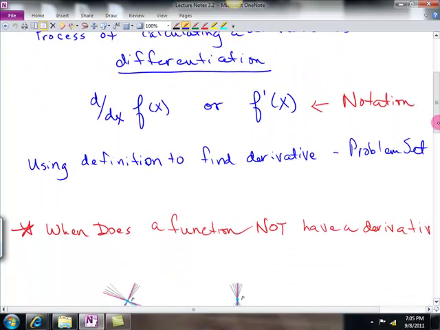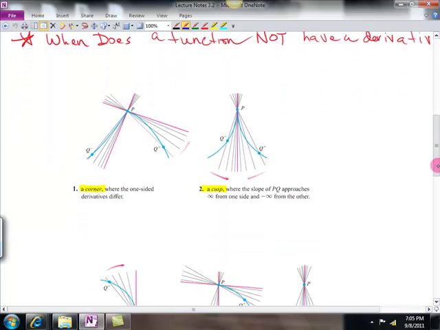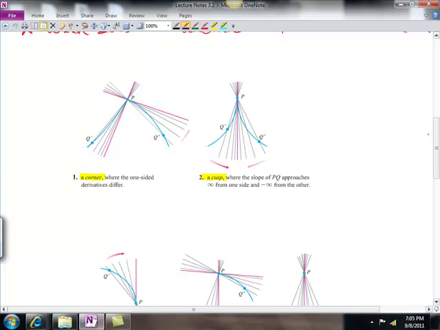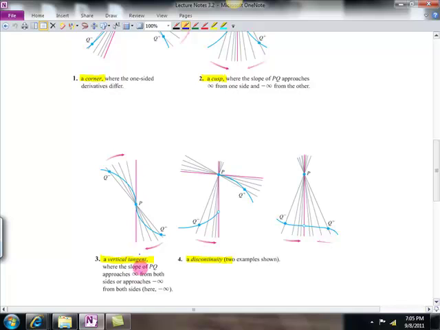And I did put some things in about when does a function not have a derivative. So you'll have these in your notes if you need it. At a corner, at a cusp, the blue lines are the functions. A vertical tangent, and a discontinuity, because things have to be continuous to have a derivative.